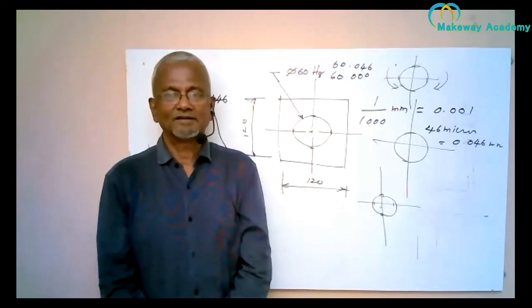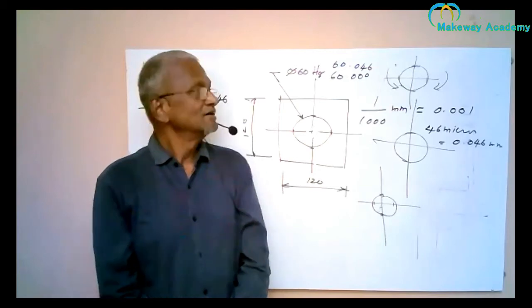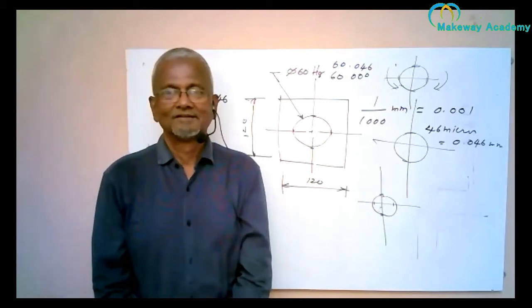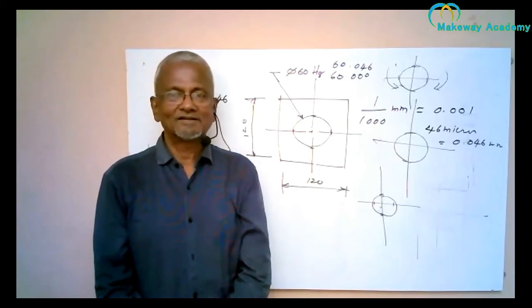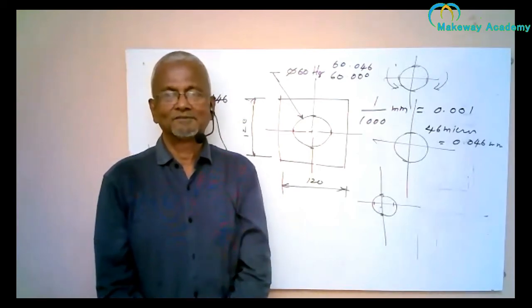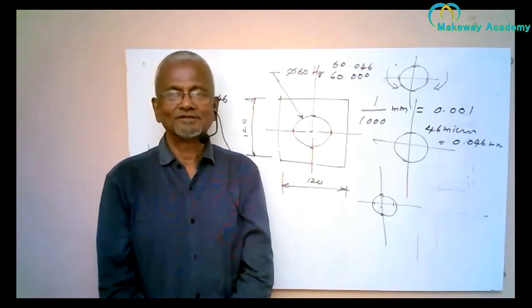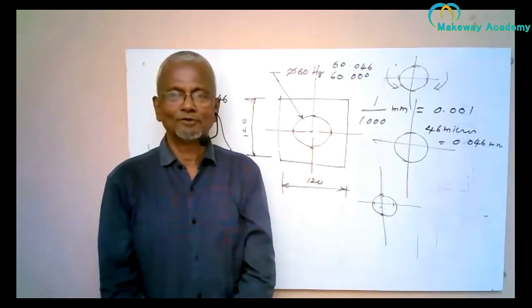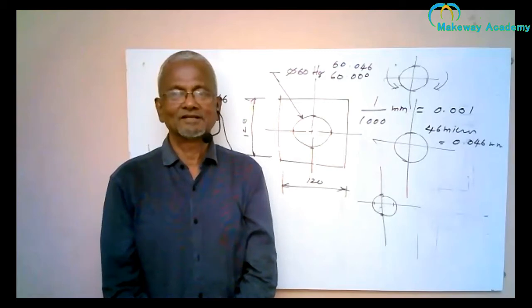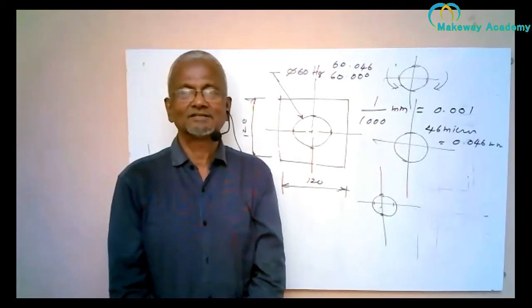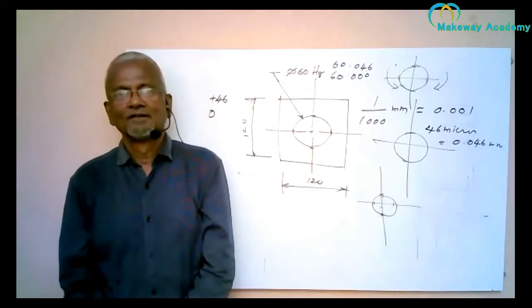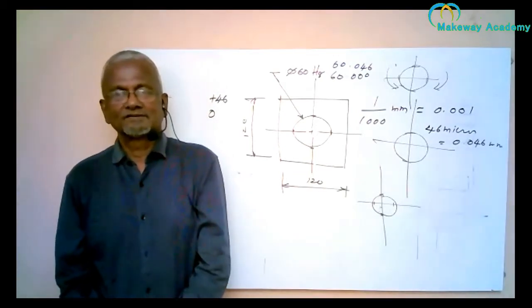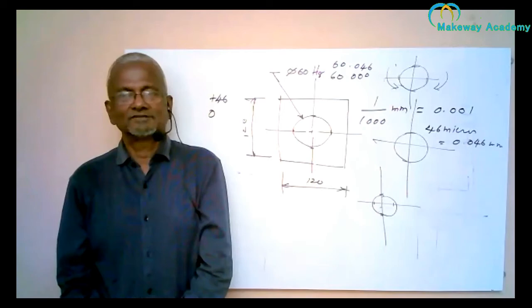So you'll have to use a 60 H8 reamer. 60 H8 reamers are available. You open the hole slightly undersize, say 59 something, and then use the reamer to finish the hole. Once the hole is finished using that 60 H8 reamer, the hole size will be within this tolerance. Okay, the size tolerance is understood.